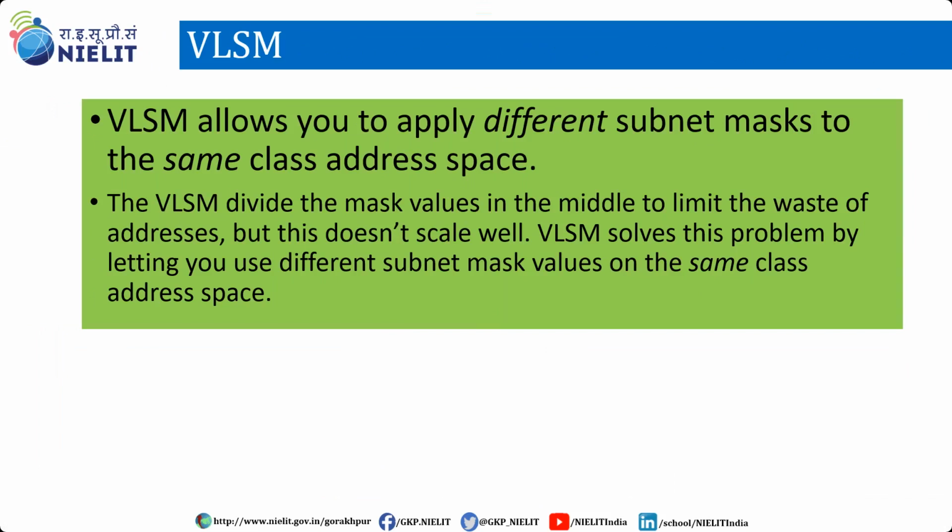But we want non-uniform blocks for our variable requirements. This can be fulfilled by variable length subnet masking. We can use different subnet masks at different places as required. But VLSM is supported only by those routing protocols which have support for the variable subnet mask parameter.